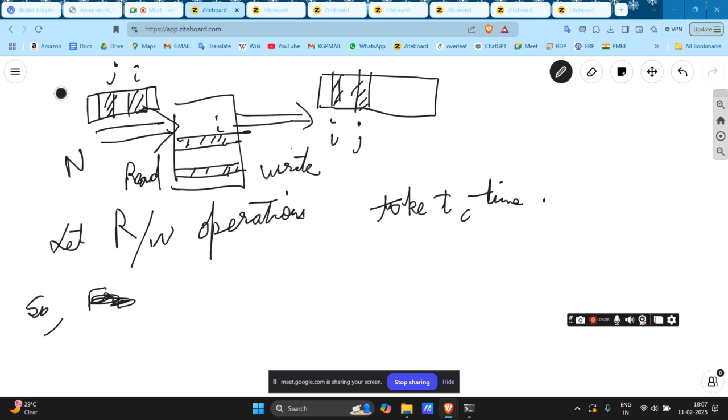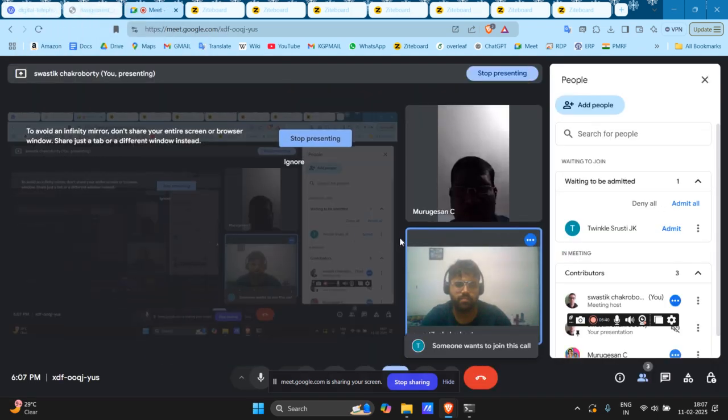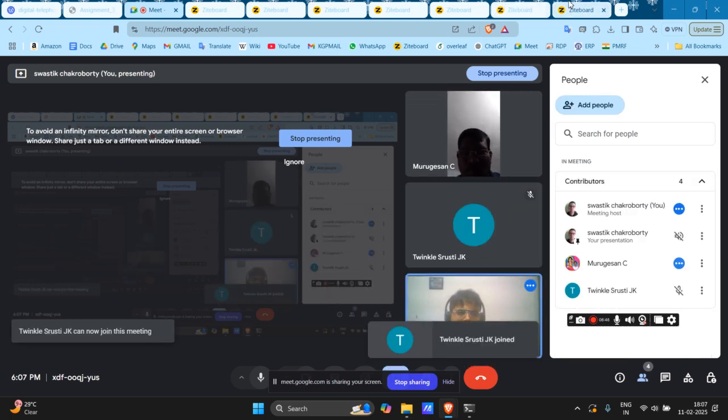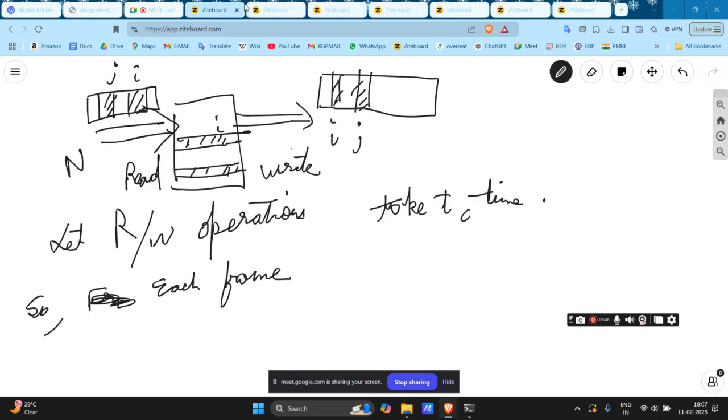So how many slots do these frames need to be divided in? Each frame is basically getting divided into slots.